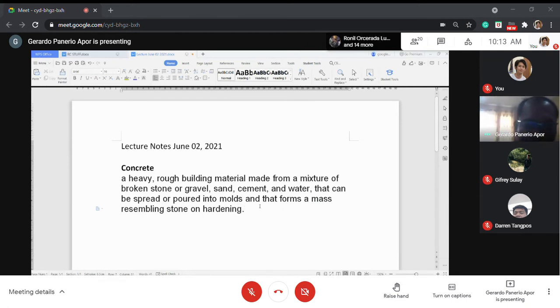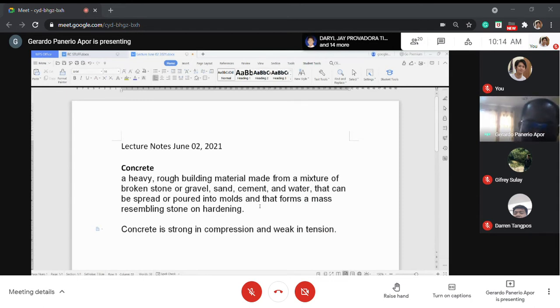So we'll go to reinforced concrete. I'll just add: concrete is strong in compression. This is what we know, compression, and weak in tension.